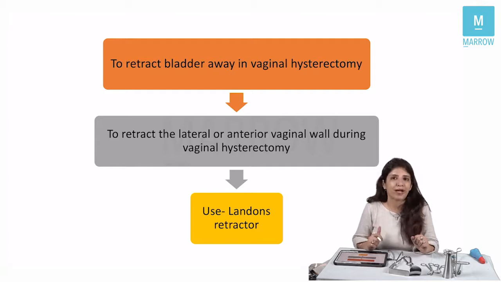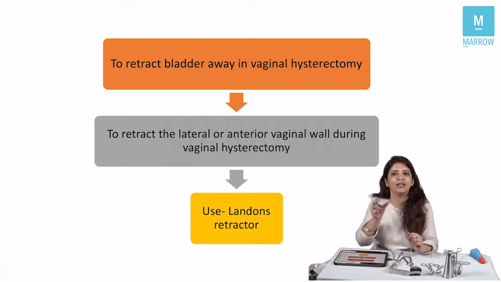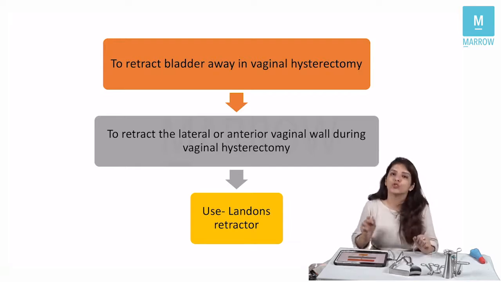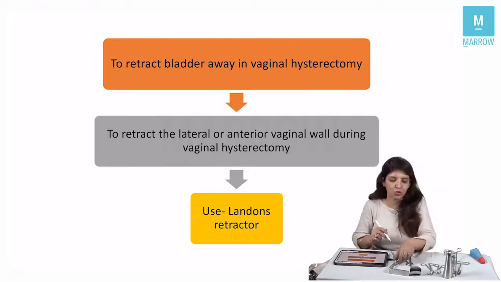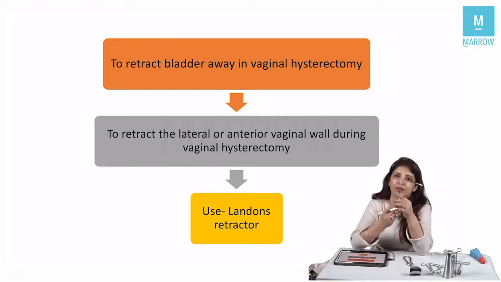Bladder has to be retracted during abdominal surgeries also when you are operating on the uterus, and it has to be retracted in vaginal surgeries also. Now, obviously, if you have to retract bladder in vaginal surgeries, you need a narrow retractor. So, for retracting the bladder in vaginal surgeries, we use a Landon's retractor, a Landon retractor.